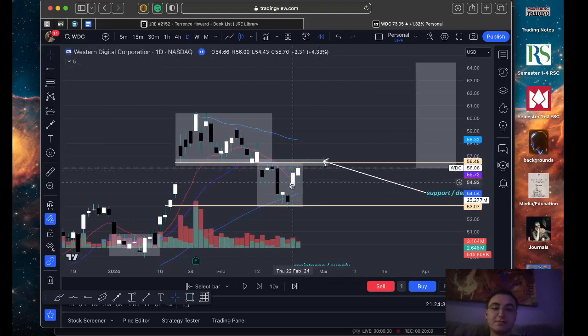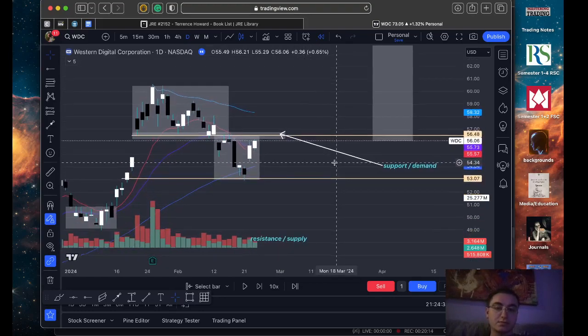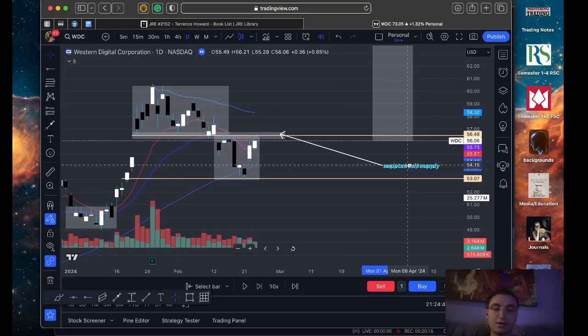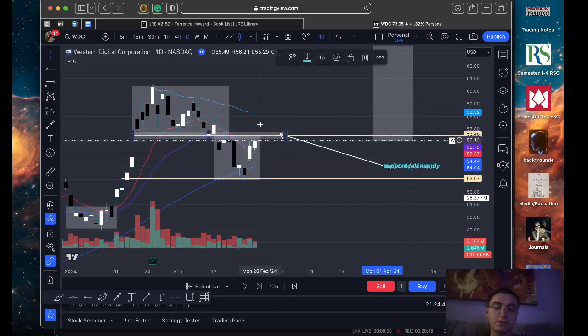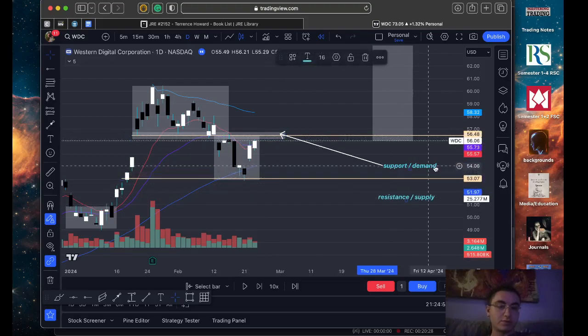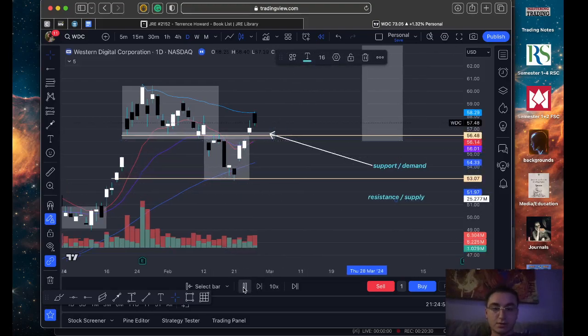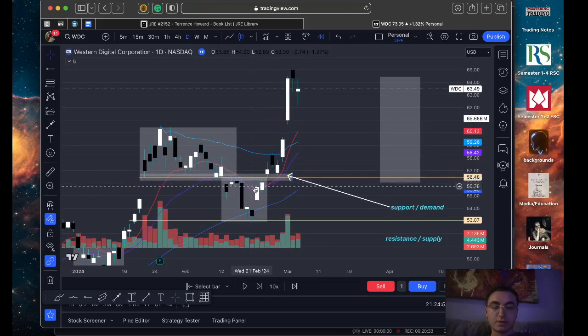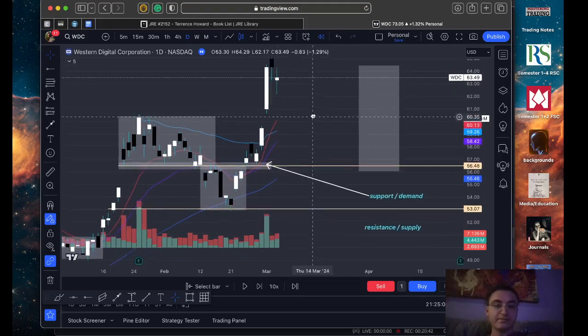I was able to see that we were likely to break through this current resistance, and then break through, and then I was going to just trade the bounce after it was turned into support or demand. So should be able to go through, and what do you know, it breaks up, comes back down, retests it as support and as demand now, in the bottom of this box, or the top of this box as well, and then it goes up.